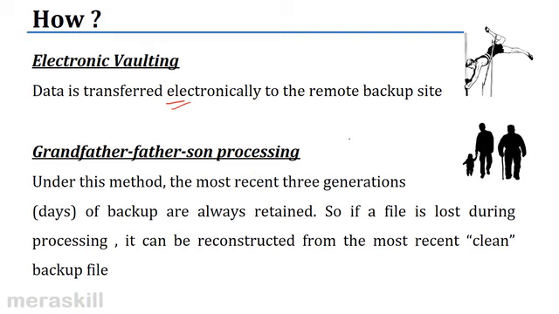It was supposed to be taken, but did not take. You understand? So many things can happen. Sometimes we make the rules, we just don't implement them. Yes or no? Then at least we have the previous days, so that only the transactions for the last day will have to be reworked, redone. You understand? Grandfather, father, son processing.